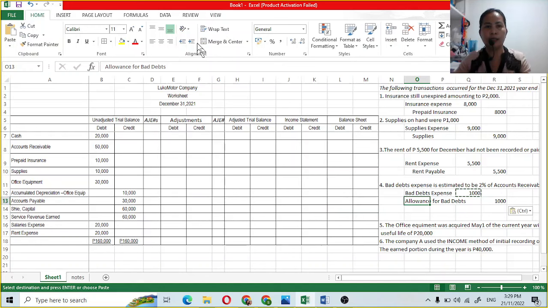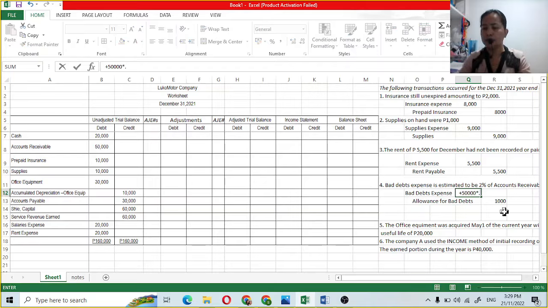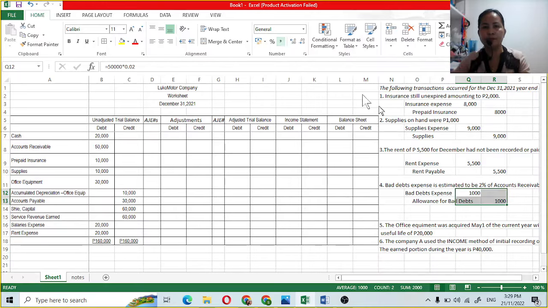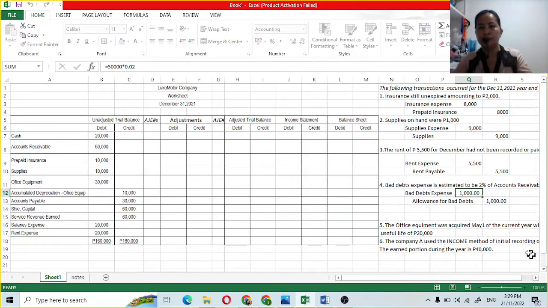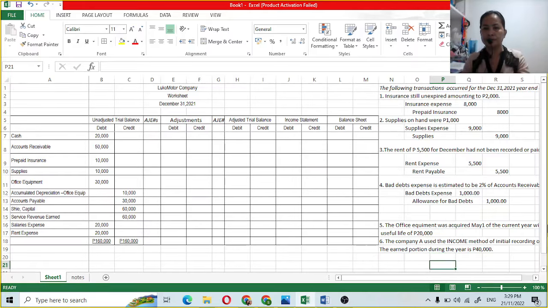Paano nakuha again? Pakita ko na dito, 50,000 times 0.02 para makita nyo yung formula saan nakuha. Okay? Ayan na. Ito po. Okay? So, that's it. Next.